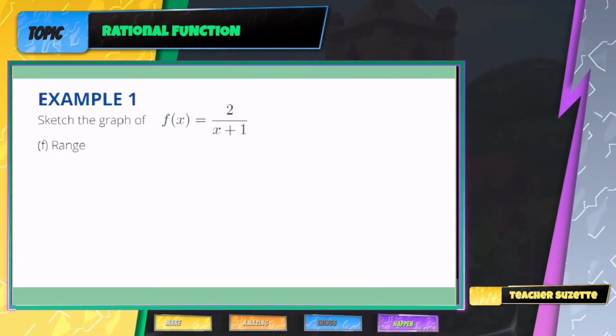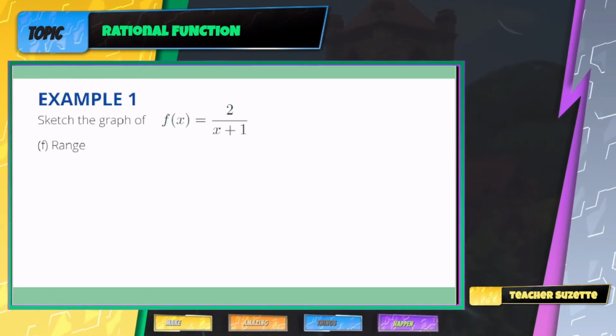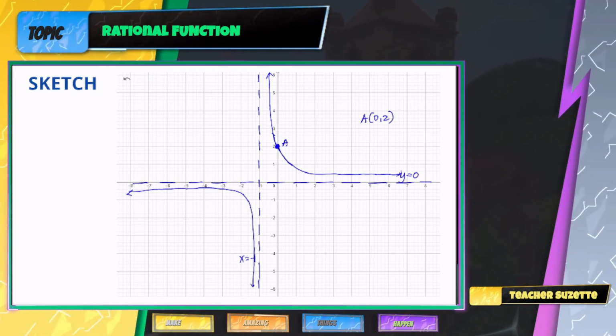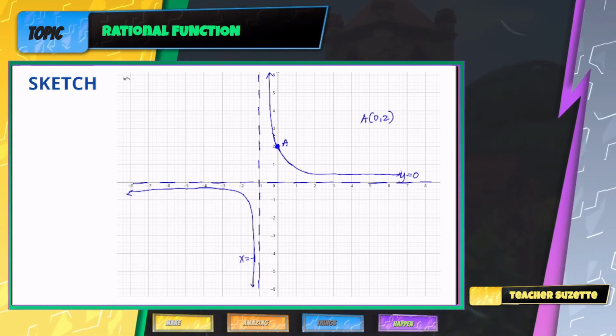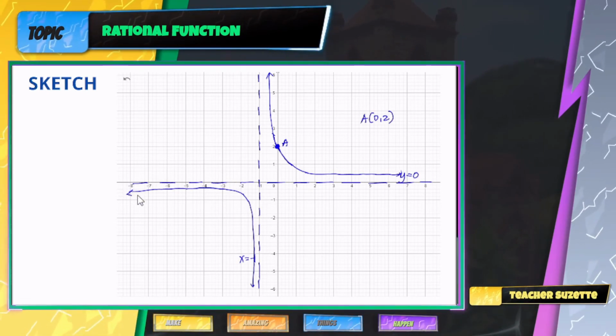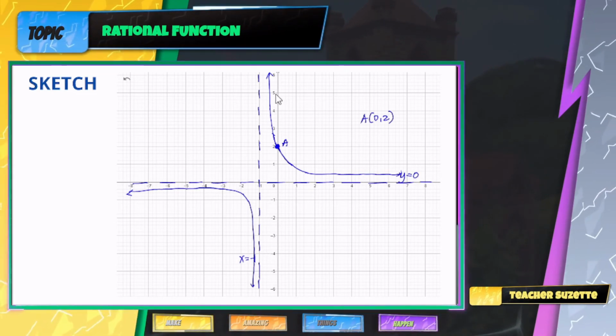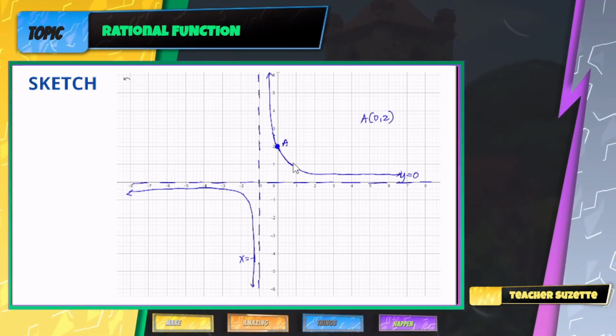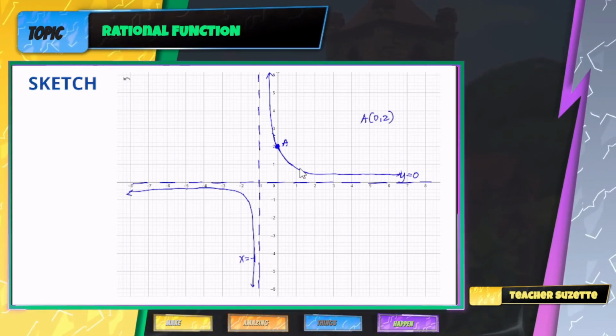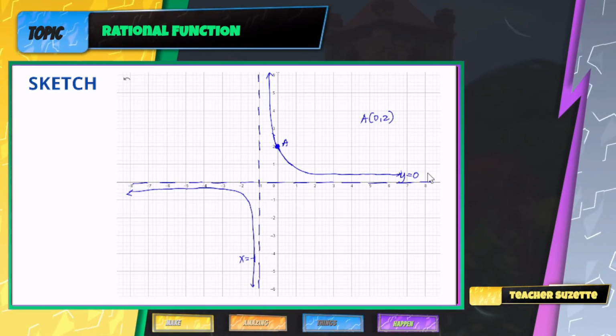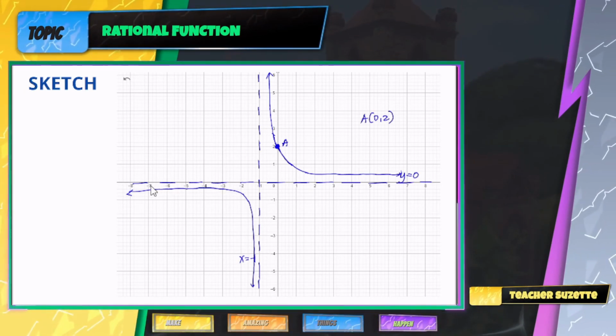Lastly, let's find the range of the function f of x equals 2 over x plus 1. Without solving, using our graph, you can easily identify the range. In our sketch, your graph approaches y equals 0, both increasing and decreasing, as x approaches positive infinity and negative infinity.